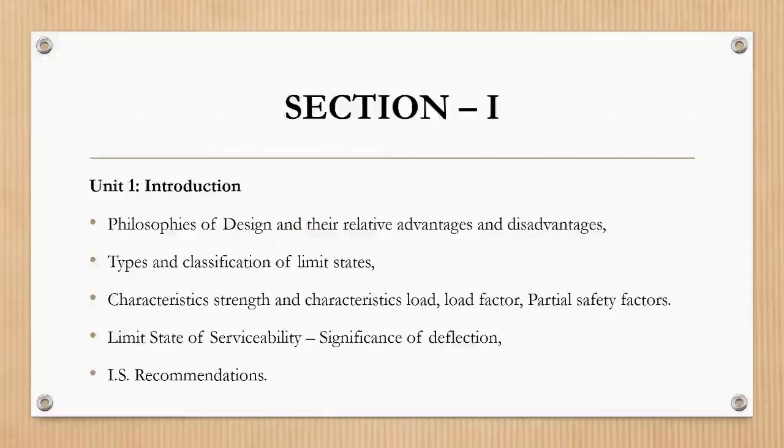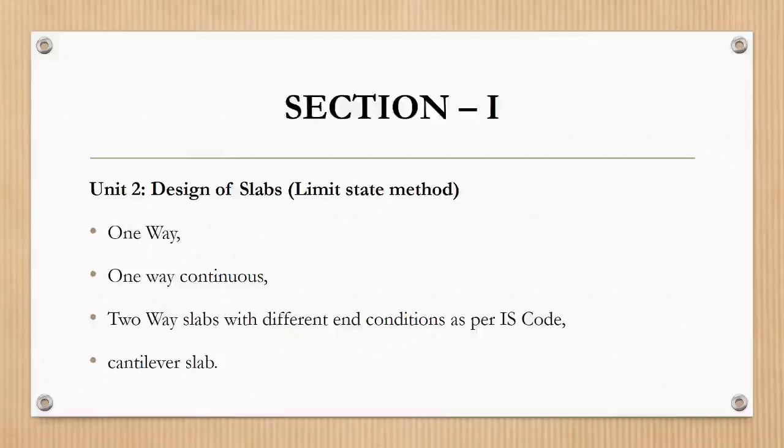We are going to see the different recommendations which have been specified by IS 456-2000. In unit 2, we are going to discuss design of slabs by using limit state method, in which we'll deal with one-way slab, one-way continuous slab, two-way slabs with different end conditions as per the IS specifications, and we'll discuss the design of cantilever slabs also.